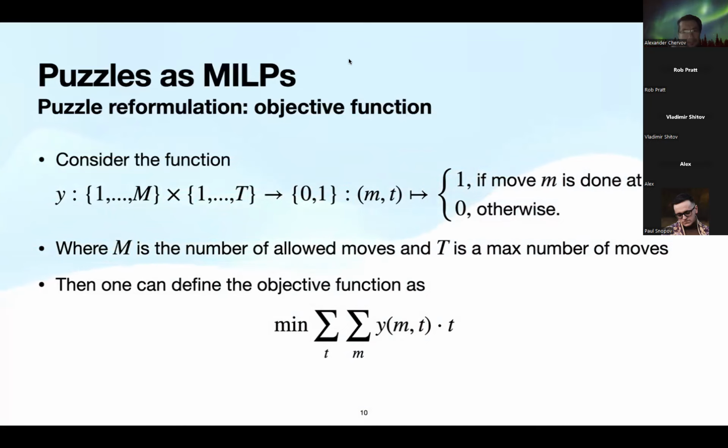In order to make some moves, we need a constraint like the sum over all moves at a specific time step should be 1. And if we have such a constraint, then we really cannot minimize the objective function without this t. I suppose it will be much clearer when I come to the constraints.